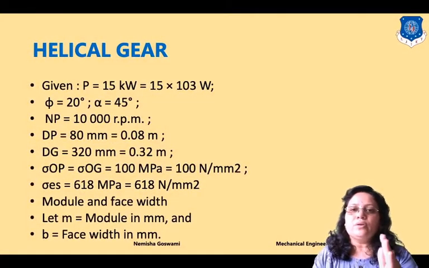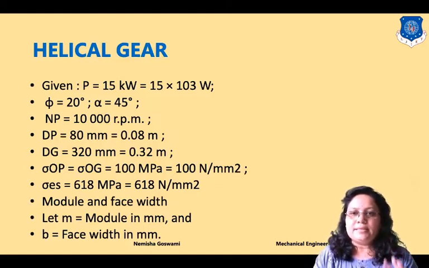So power is equal to 15 kilowatt, so this is equal to 15 into 10 to the power 3 watt, right? Pressure angle 20-degree, helix angle 45, and P indicates the pinion and G indicates the gear. So NP and DP are given, the data is here. DG, the diameter of the gear, is given as 320 mm, so we will convert it to meter, 0.32 meter, right?